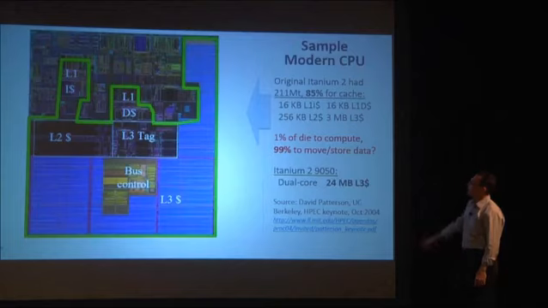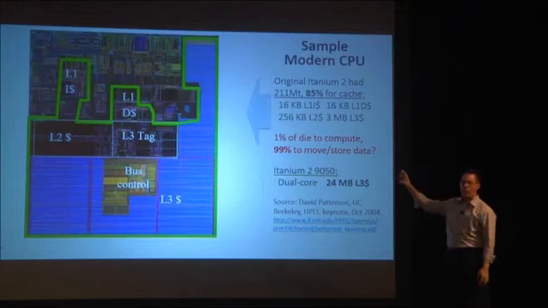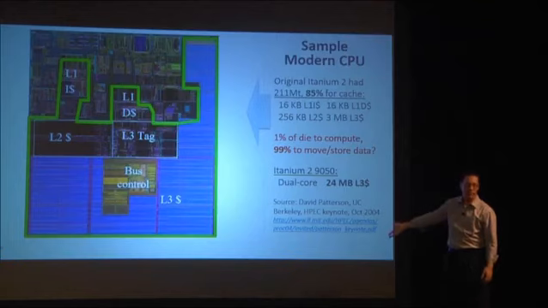In fact, if you look at a sample modern processor, some of you may have seen this slide before, what's in the green lines is all the transistors that do only caching.